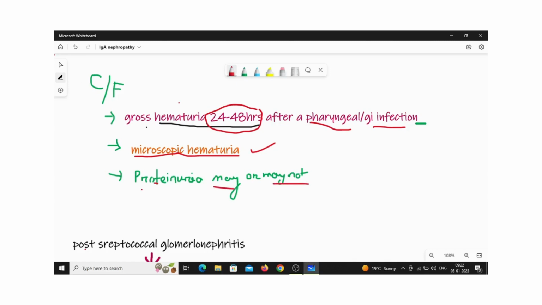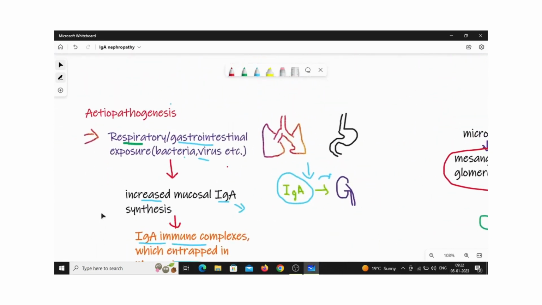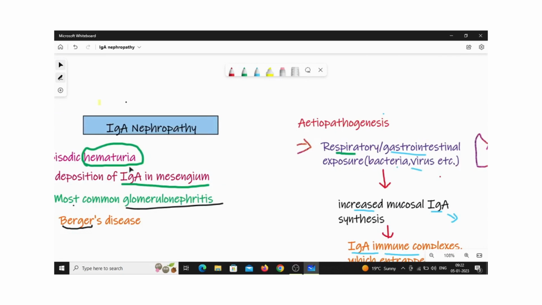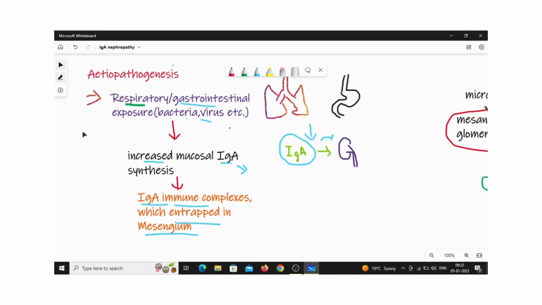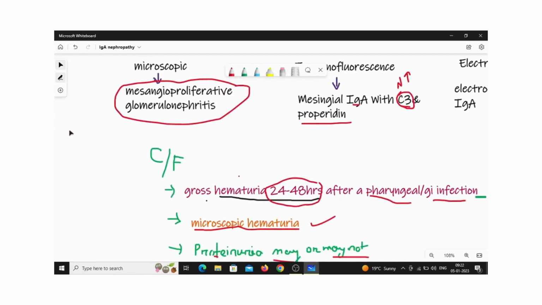So this is all about IgA nephropathy. So what happens? Hematuria with IgA deposition in the mesangium after respiratory or gastrointestinal infection by bacteria or virus within 24 to 48 hours. If this IgA deposited in the mesangium produces hematuria, then it is IgA nephropathy.